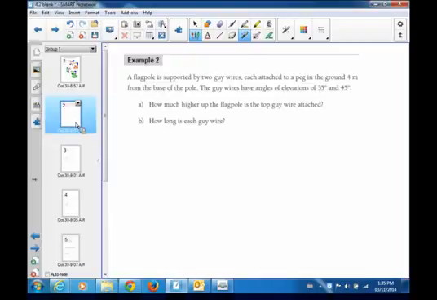Now, there's your flag. There we go. Maple leaf, whatever.